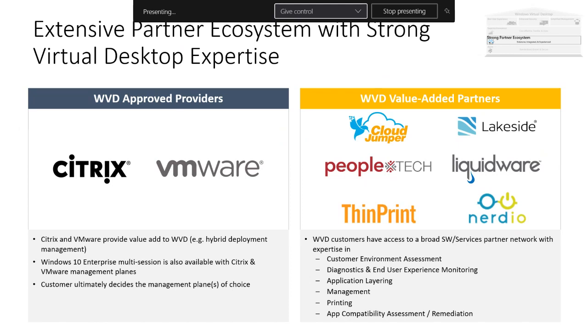And there are other partners which play in areas where, let's say, you want to get some assessments done before you move to WVD, in order to identify what kind of setup you would want on Azure in terms of sizing and performance. So there are other partners which provide these key capabilities. For instance, you could use Lakeside to assess your infrastructure, which would give you a quick insight into what your sizing could be on the cloud.